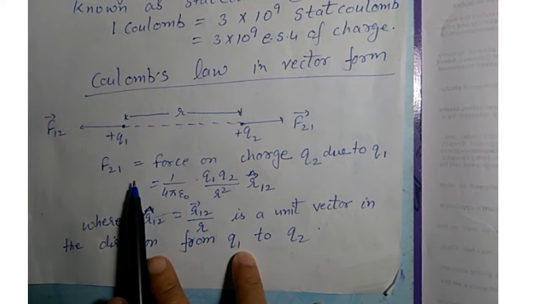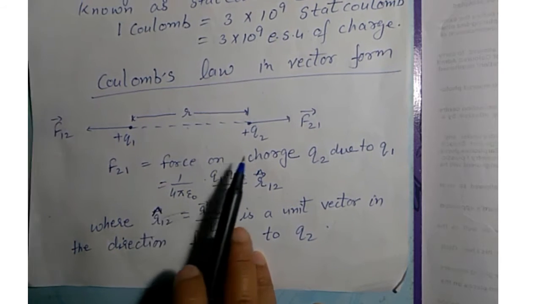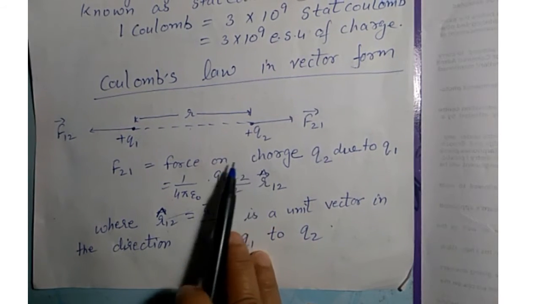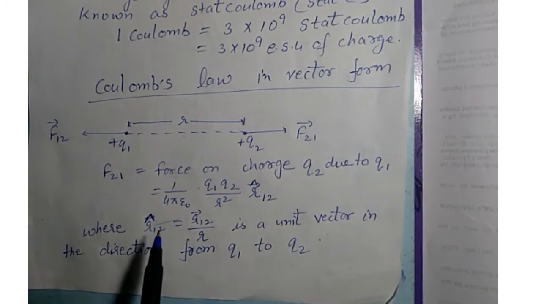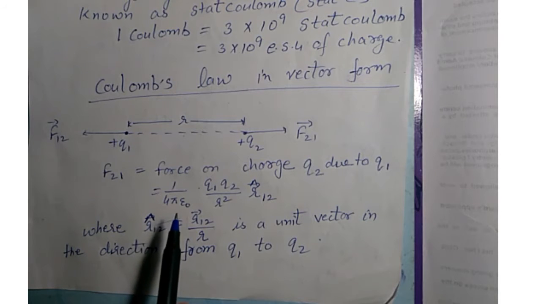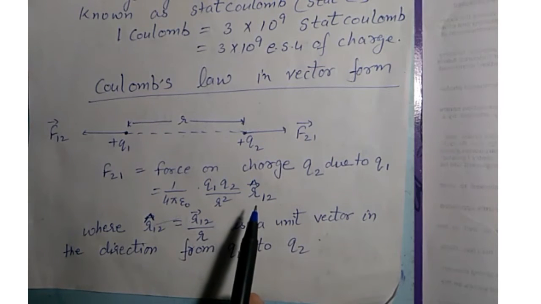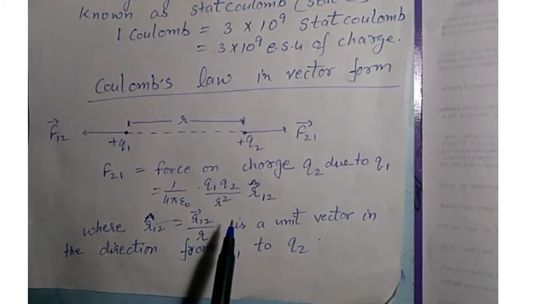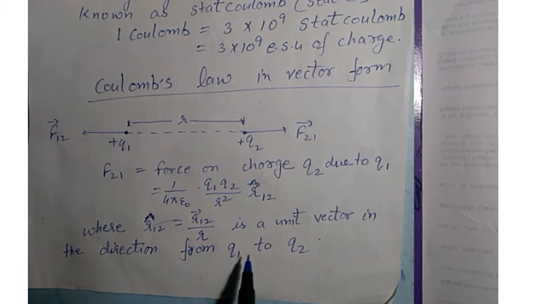On Q1, force F12 is acting towards the left and F21 on Q2 towards the right. The force F21 on charge Q2 due to Q1 equals 1 upon 4 pi epsilon naught Q1 Q2 upon R square times unit vector R12, where unit vector R12 equals vector R12 upon the modulus of vector R. This is a unit vector directed from Q1 to Q2.